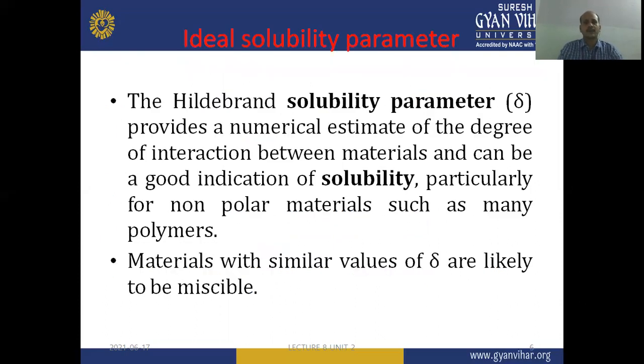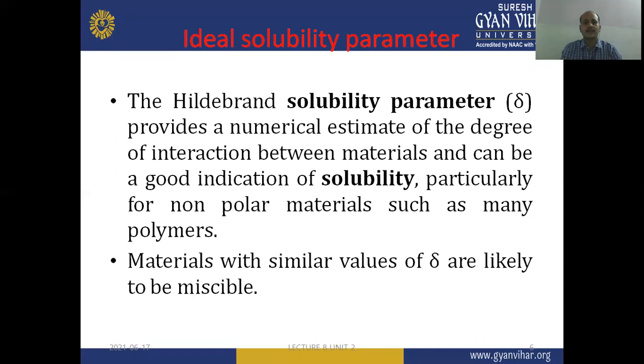Now, as we know, there are different terms to express the solubility of a pharmaceutical compound. So, ideal solubility parameters. The ideal solubility parameter, denoted by delta, is known as the Hildebrand solubility parameter, which provides a numerical estimate of the degree of interaction between materials and can be a good indicator of solubility, particularly for non-polar materials such as many polymers.